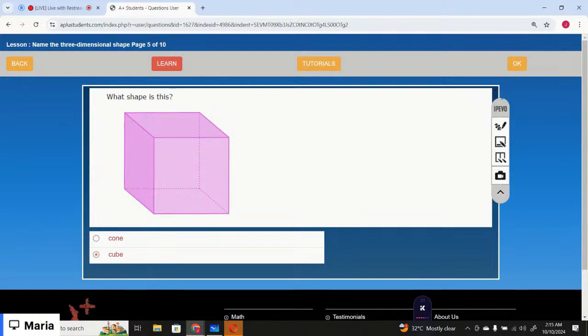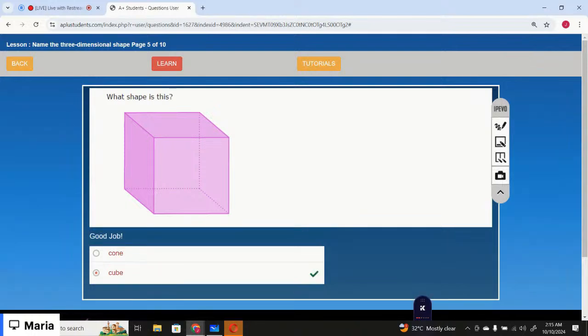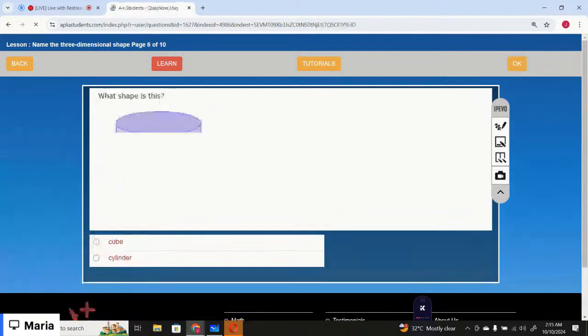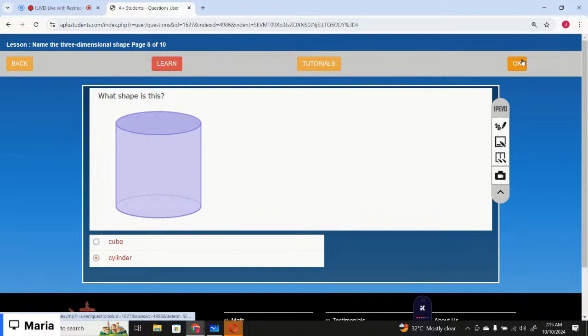Cube it is, right? The correct option is cube. What shape is this? Which is the correct option? Yes, again, that is a cylinder.